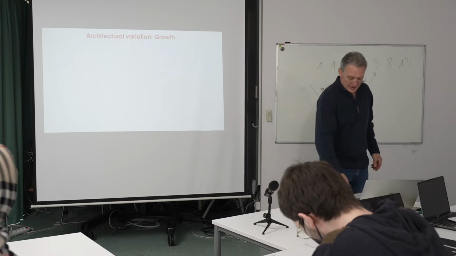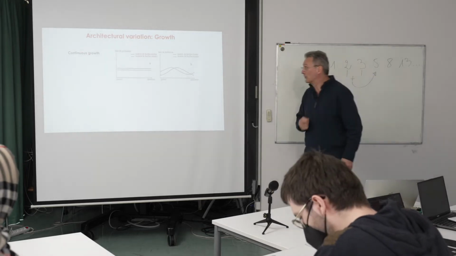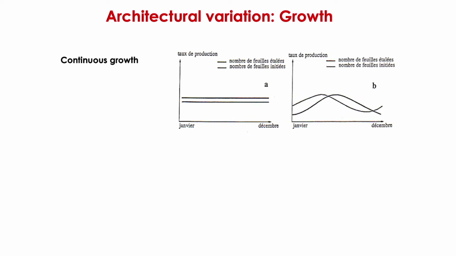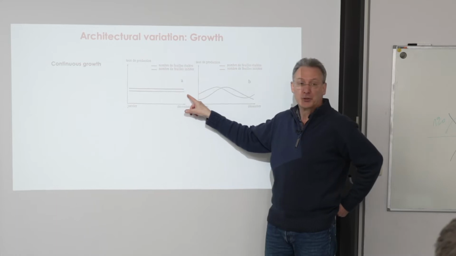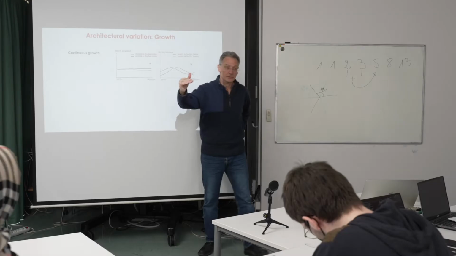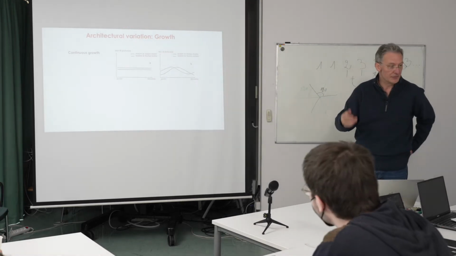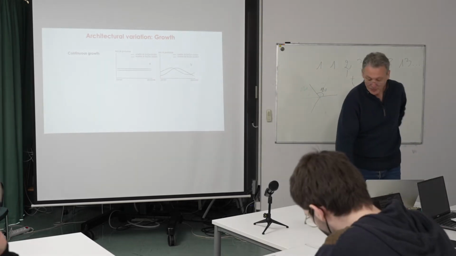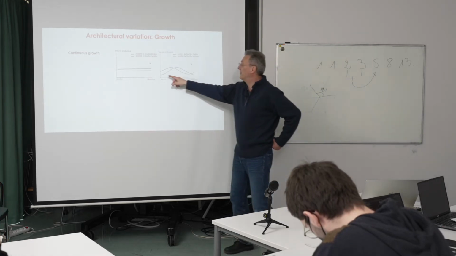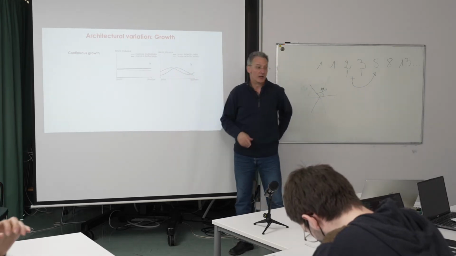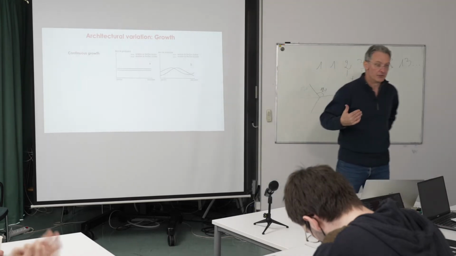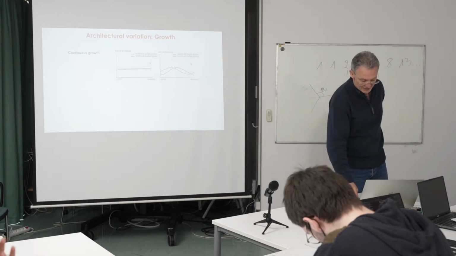So, the first thing is that the meristem growth can be varied, and you can make the distinction between what could be called continuous growth, where the rate of production of the different organs is stable, so the plant is producing the different organs at a constant rate, and a rate that would vary, with acceleration and deceleration during the lifetime of the plant.